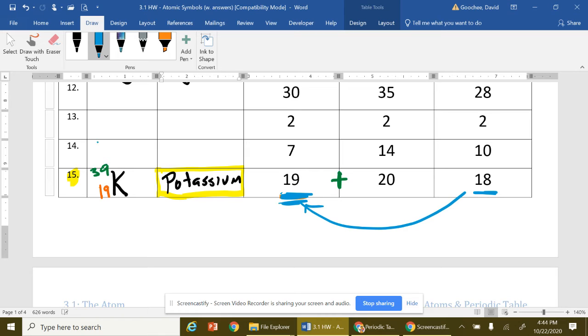We have one more proton than we do electrons. So this atom would have a 1 plus charge because it has one more proton than it has electrons. You could also just write this charge as a plus. A plus here means the same thing as a single positive charge. So if you want to write 1 plus, or you just want to write plus, that's fine.